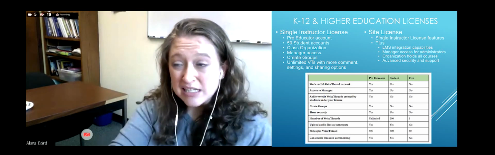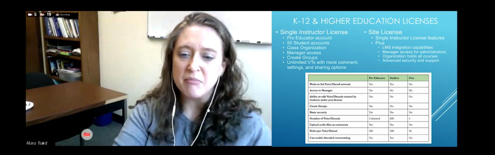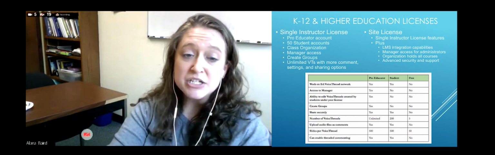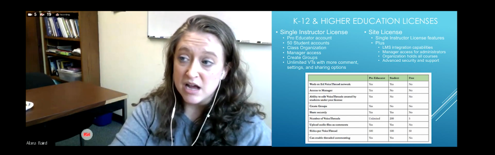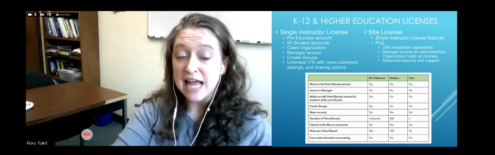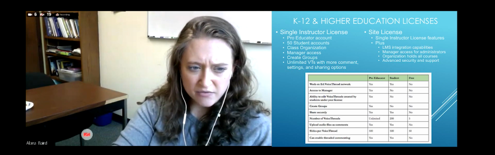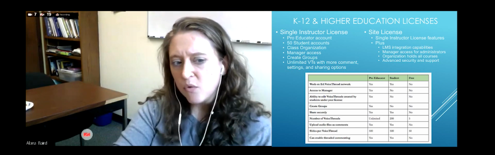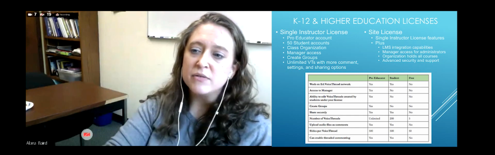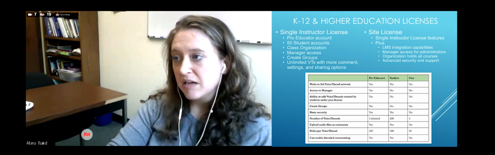You can also organize each of your different classes and create different groups so that you can make those groupings smaller so they have better conversations. You get unlimited voice threads that you can comment on and create. There's not going to be any slide limits. It is like $79 a year for K through 12 and $99 for higher education. Or you could go with a site license if it was something that your entire school was interested in adopting.